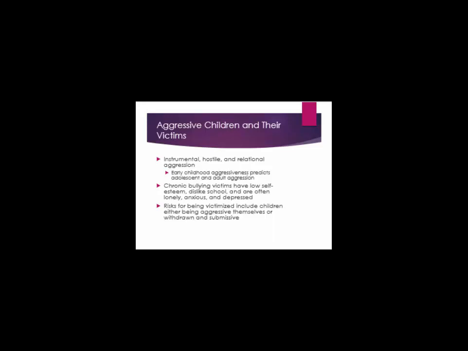Victims of aggression become victims either because they are aggressive themselves, so maybe they overreact, they're restless, they're easily irritated, or they're easily baited. Victims can also be victims because they're just withdrawn and submissive. Maybe they're unwilling or unable to defend themselves from overly aggressive peers.